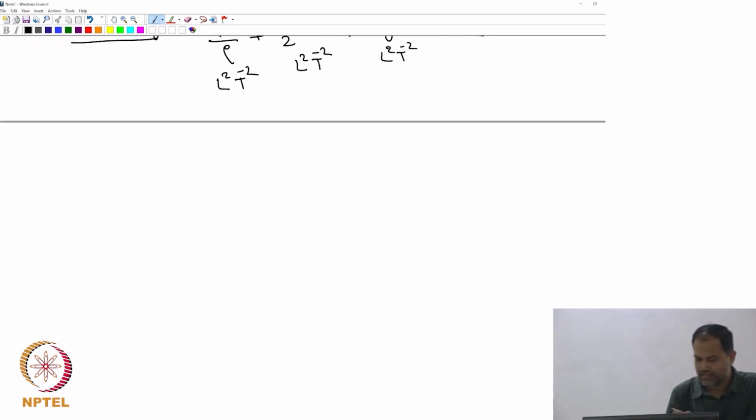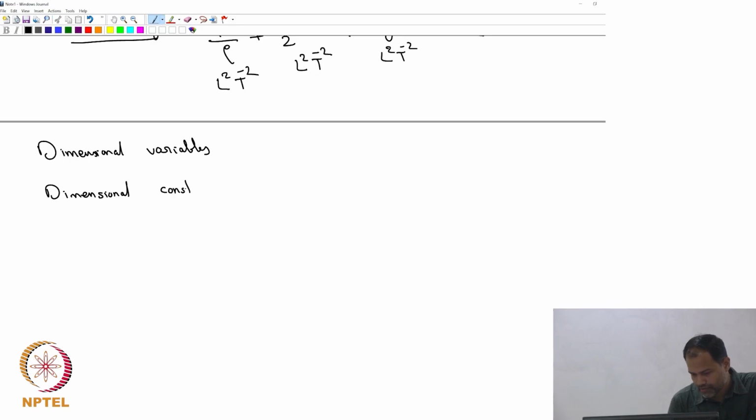Few other things. So these are the other things that you will come up in any equation. Dimensional variables means some kind of variable that would have dimensions.